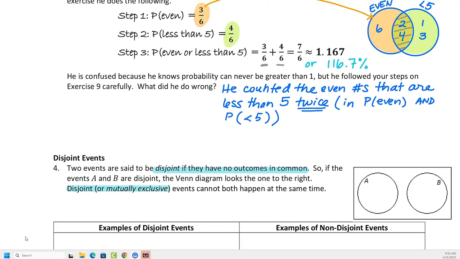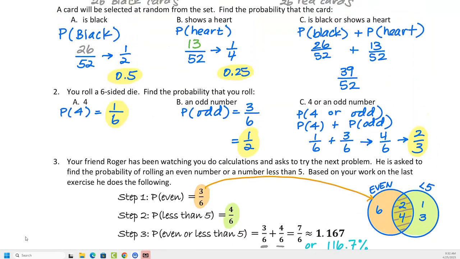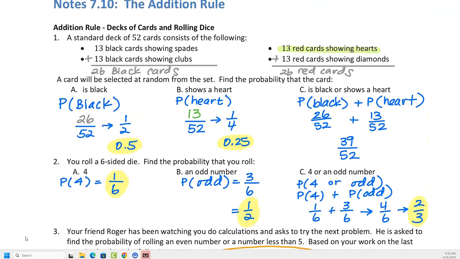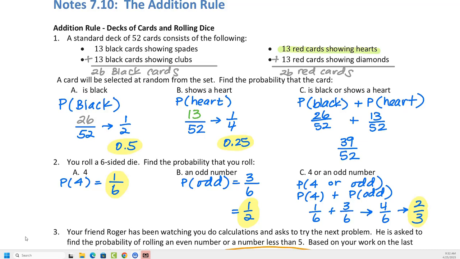So if you look back up here at numbers 1 and 2, these were disjoint events, right? Black and heart. Well, there are no black cards that are hearts, so they're disjoint. Does that make sense? There was no overlap, so we could just add the probabilities: probability of a black plus the probability of a heart.